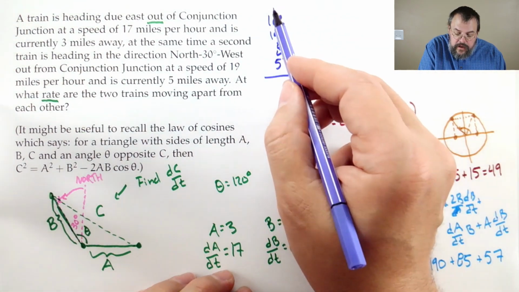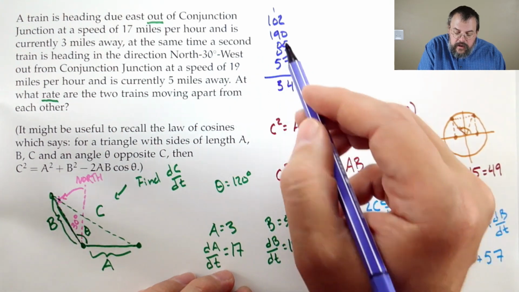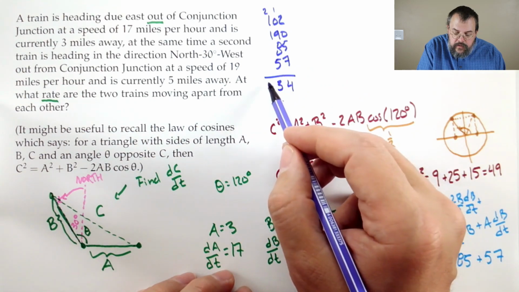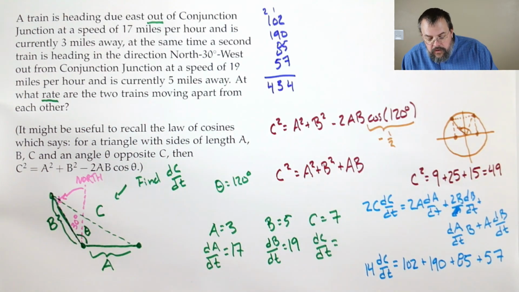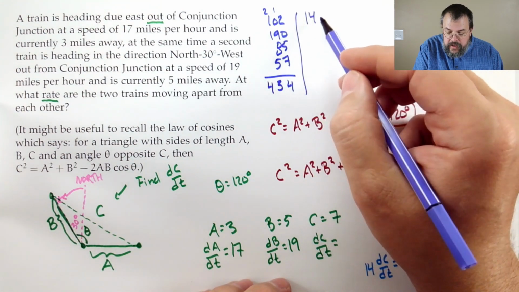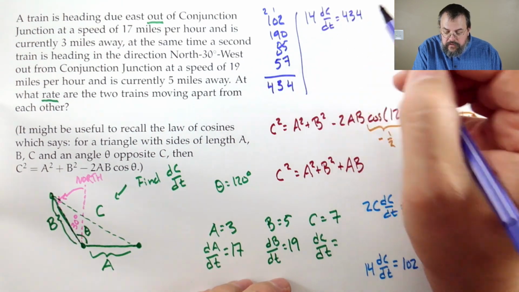Carry the 1. 10, 18, 23, carry the 2, and 2, 3, 4, 434. Okay, so we now have that 14 times dc/dt is equal to 434.